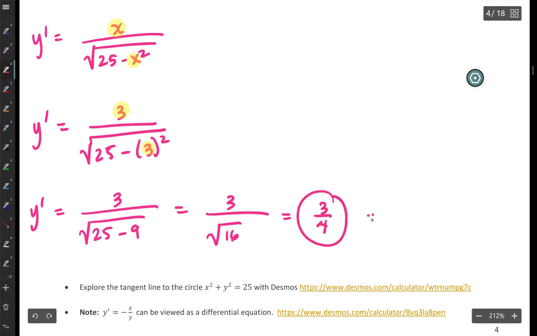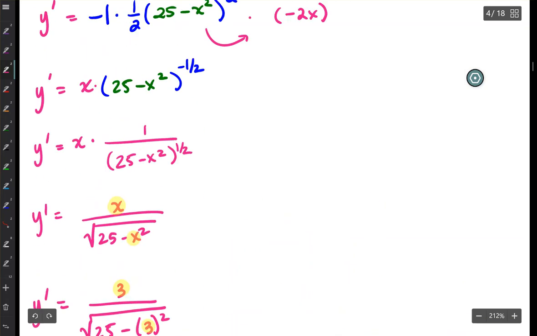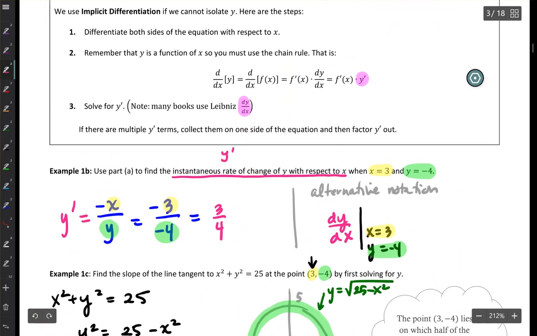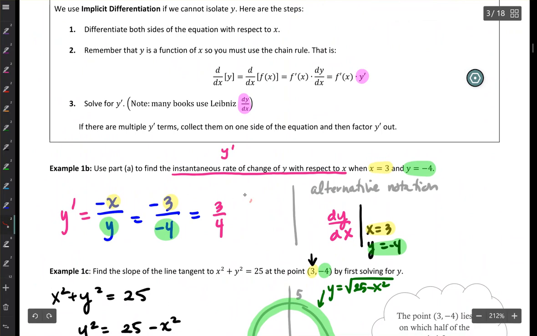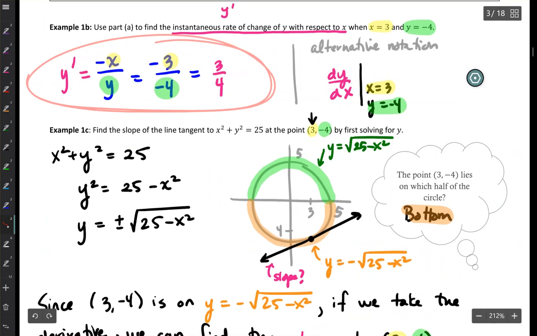Beautiful. We got the same result as we did with implicit differentiation. But notice how much simpler this was, because we didn't have to make that decision; we realized we were on the bottom half of the circle.